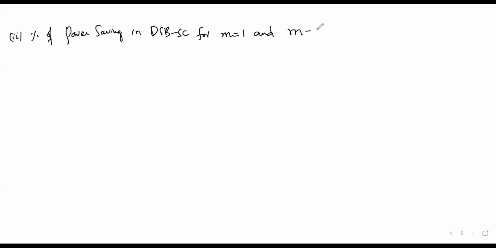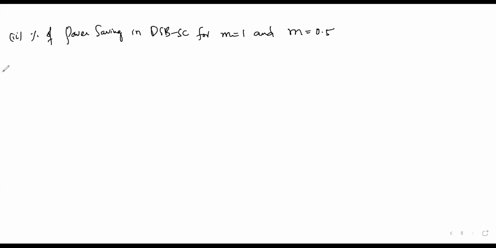In order to calculate that, we have to consider m equal to 1 and m equal to 0.5. 100% and 50% are given, right?